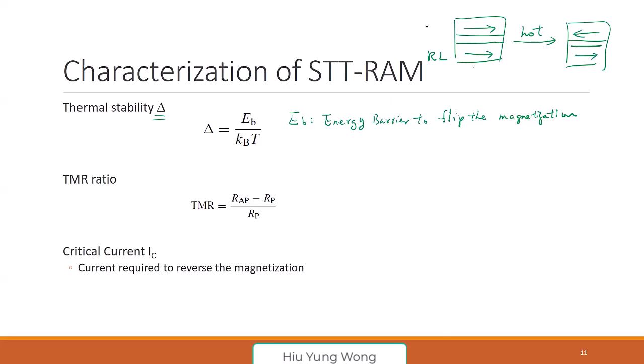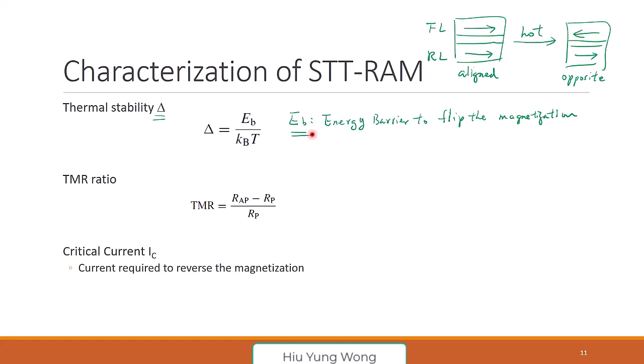That will be bad, right? Originally, let's say they are aligned, it is 0. And now they are opposite, then it becomes 1. But how can I flip it? To flip it I need energy, right? And this is the flipping energy barrier.